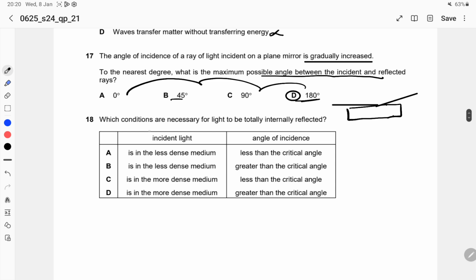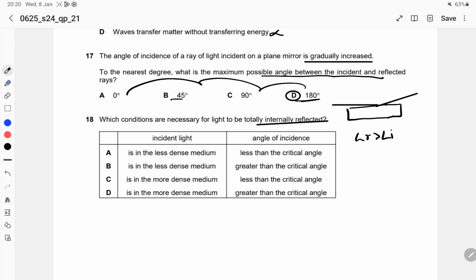Which conditions are necessary for light to be totally internally reflected? Now for TIR to take place, two things are needed. First, the ray should travel from a more dense medium into a less dense medium. Only then your angle of refraction will be greater than angle of incidence.